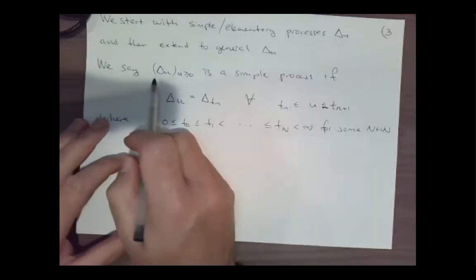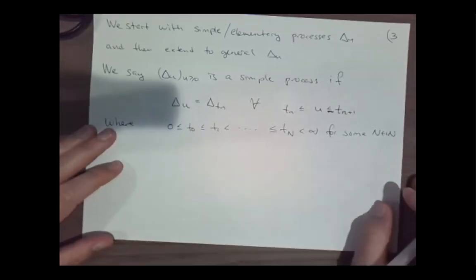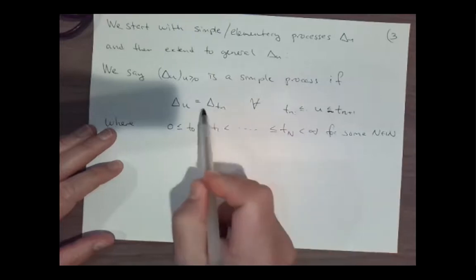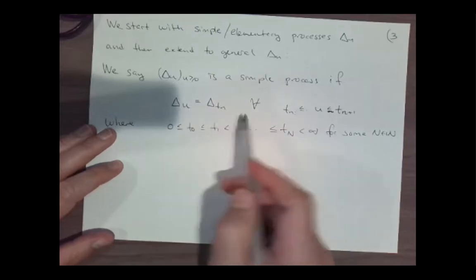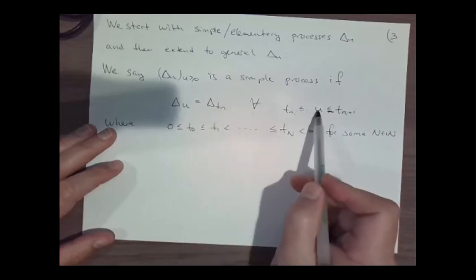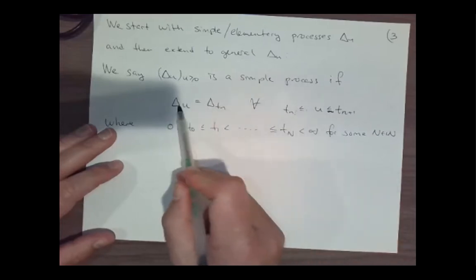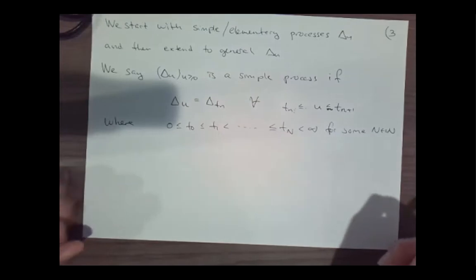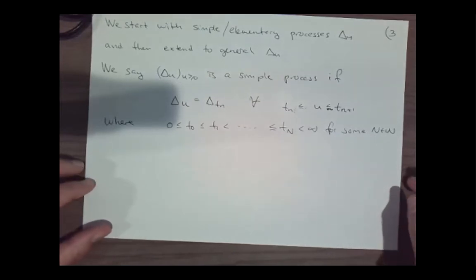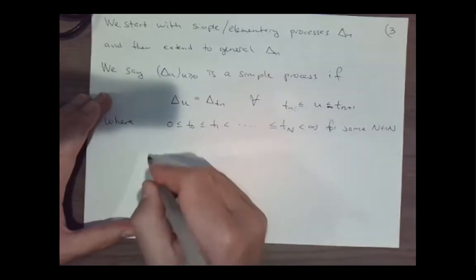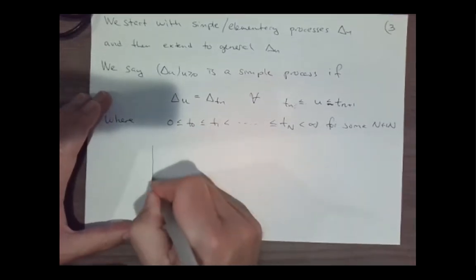Right, so what it means is that I have a simple process if it's piecewise constant, and the value that it takes on one of these pieces is the same as the value it has at the left endpoint. So maybe we're trying to make the picture that Steve had in the textbook.